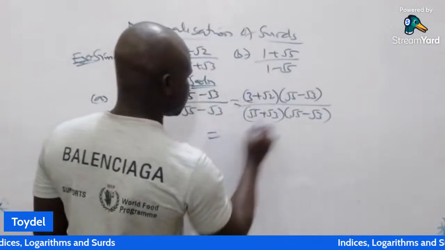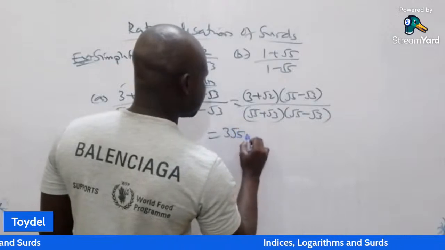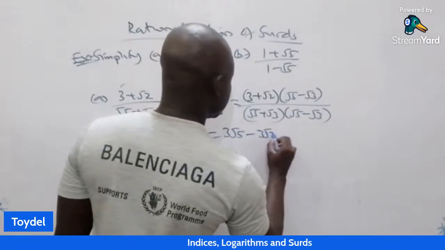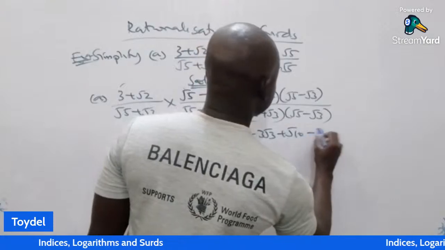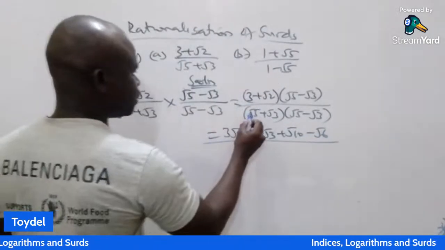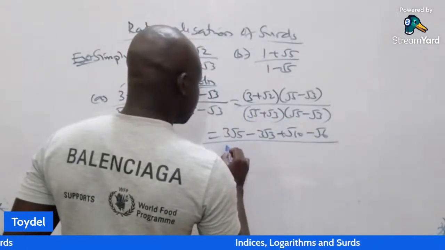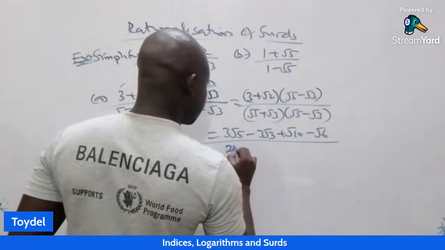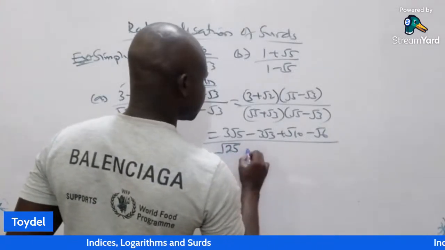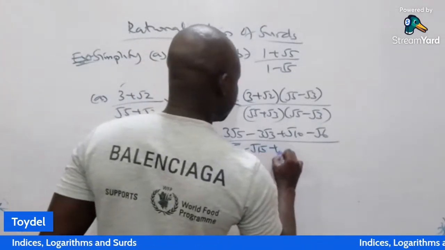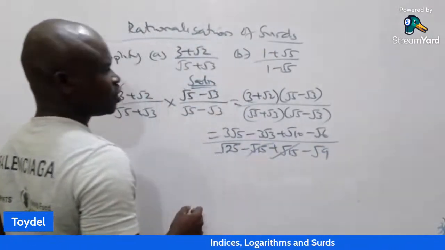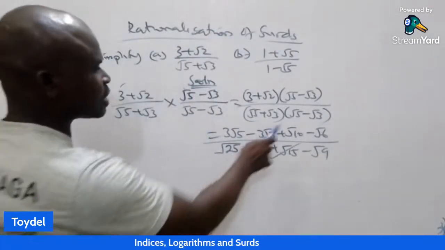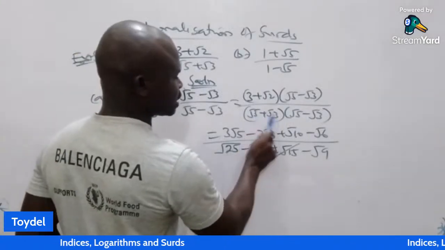If you look at the numerator, I'm going to have 3 root 5 minus 3 root 3 plus root 10 minus root 6 all over. For the denominator, I'm going to have square root of 25 minus square root of 15 plus square root of 15 minus square root of 9. This cancels this. So when you multiply a surd by its conjugate, just square the first one and square the second one.